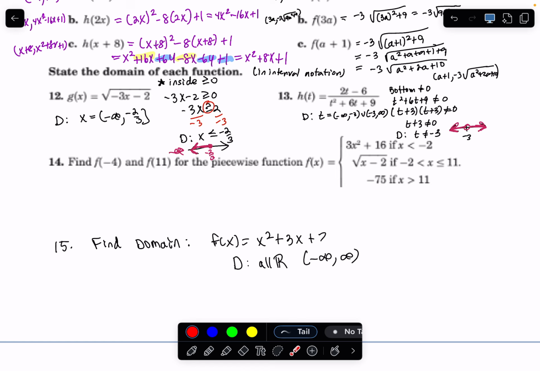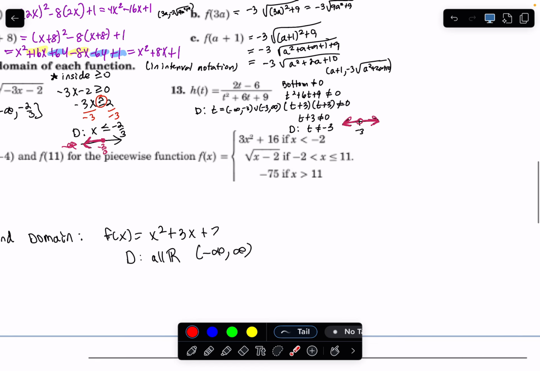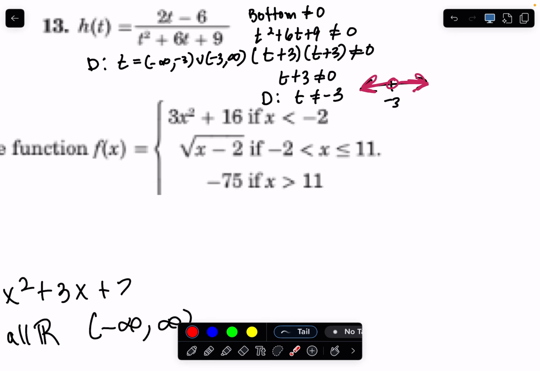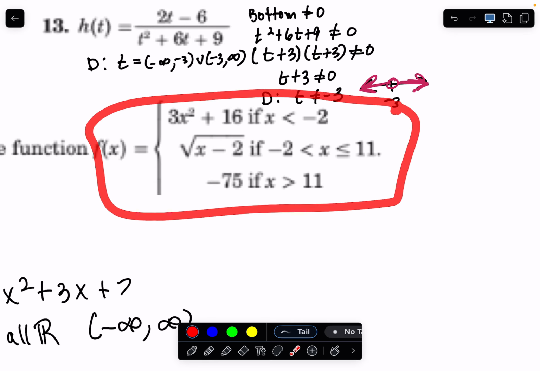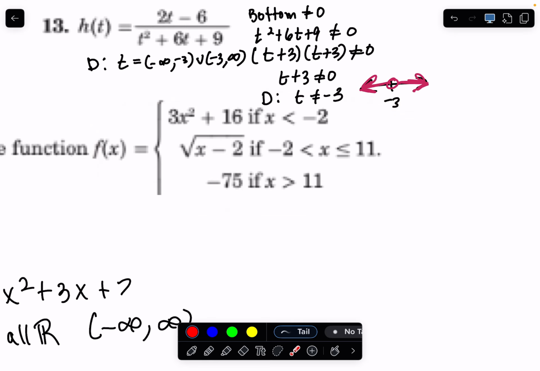So here, negative 2 is kind of our border, and I can stick anything less than negative 2 here. Anything that's between negative 2 and 11, and I can stick 11 into here. So negative 3 could go in there, negative 1 could go in there, 0, you would use that. And anything bigger than 11, we use this. You get negative 75, which is a good one.